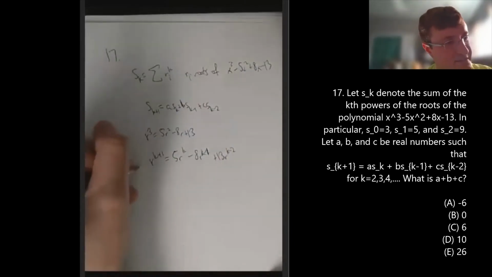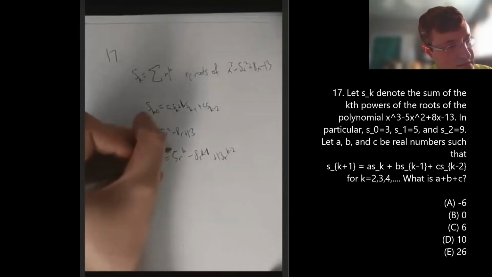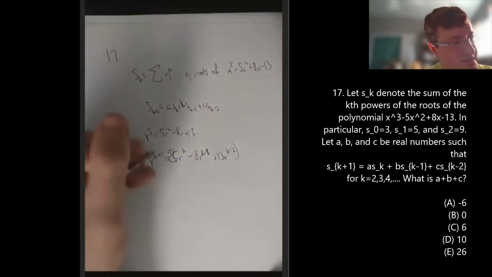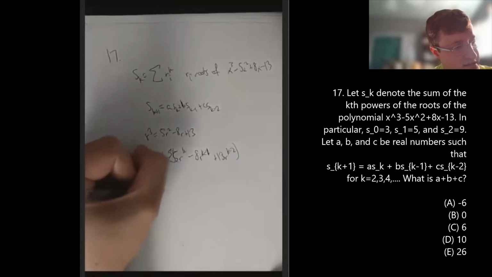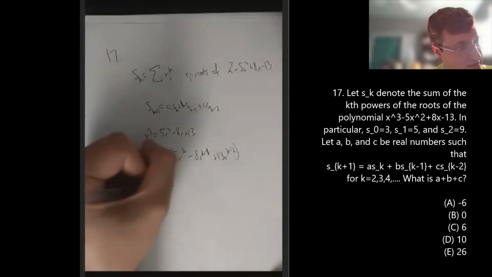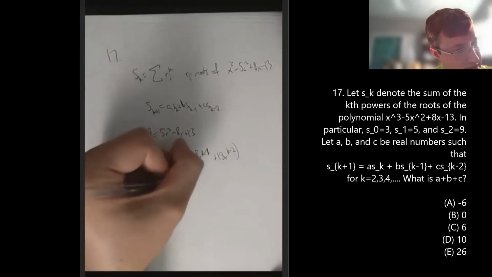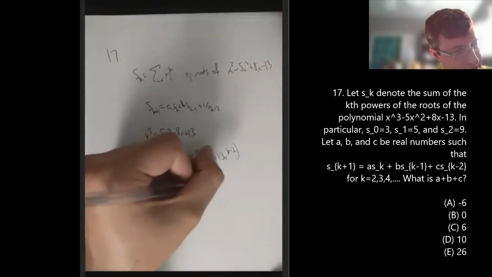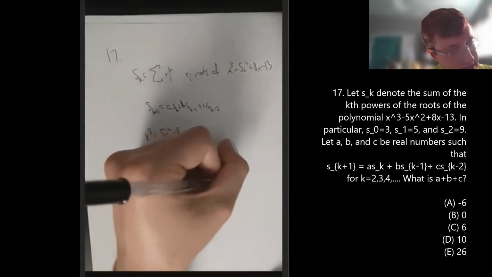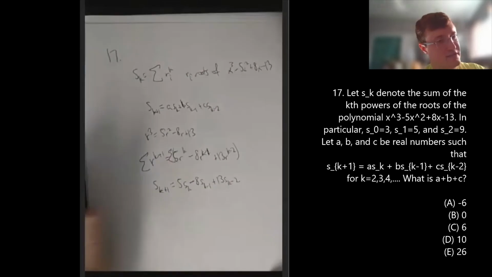And if I add those, I get s(k+1) equals 5sk minus 8s(k-1) plus 13s(k-2).